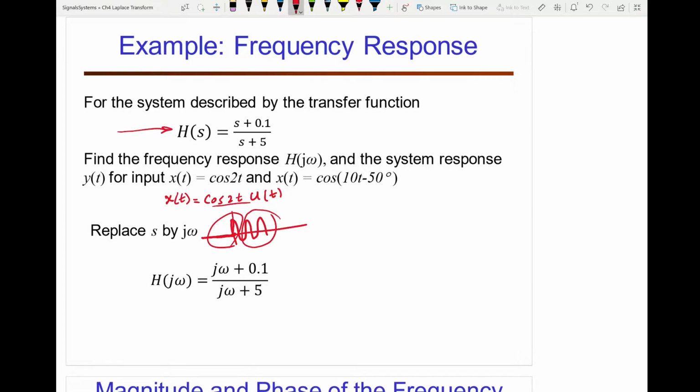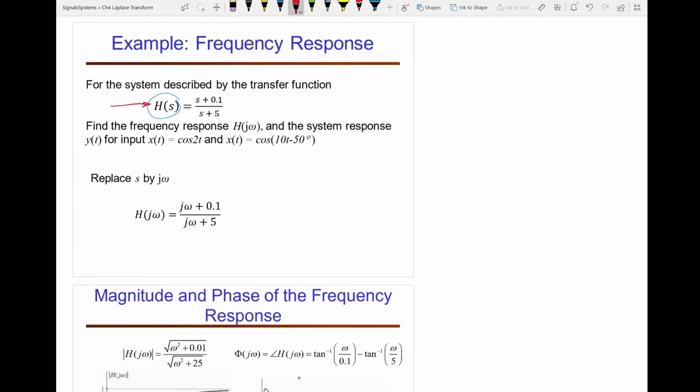So let's assume we have this input and just see the difference between doing it in the Laplace domain and the frequency domain, so you can appreciate the simplicity of analyzing the system by using the frequency response of the system. If I need to find the output for this x of t using the Laplace, then I need to find x of s.